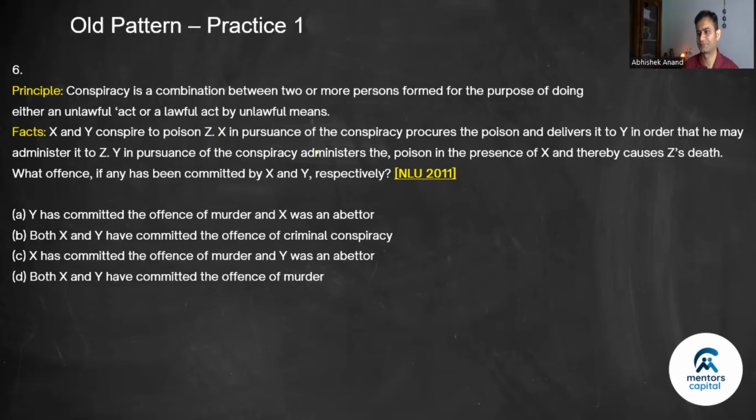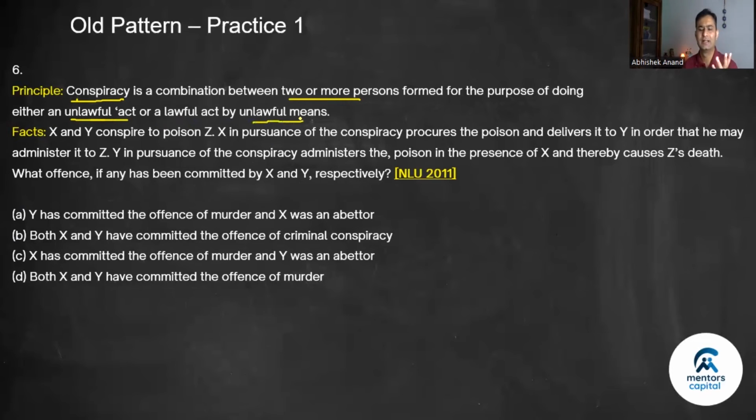Look at this question. What is the principle about conspiracy? Conspiracy is a combination between two or more persons. You have to have two or more persons formed for the purpose of doing either an unlawful act or a lawful act by unlawful means.